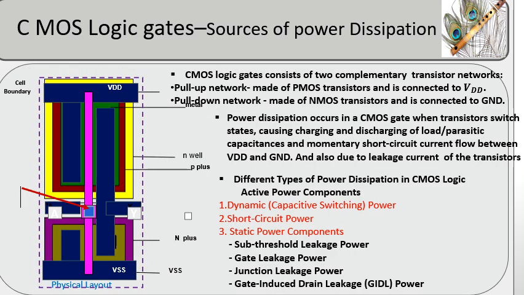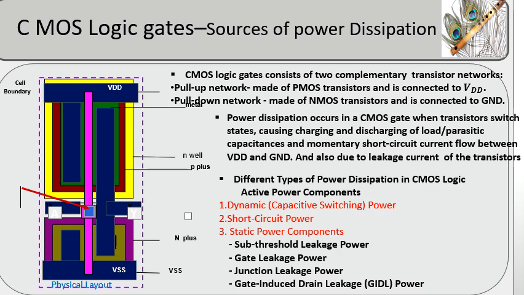Having explored signal integrity, let us now examine the sources of power dissipation in CMOS logic gates. During logic switching, energy is consumed in charging and discharging the load and parasitic capacitances, producing dynamic power.